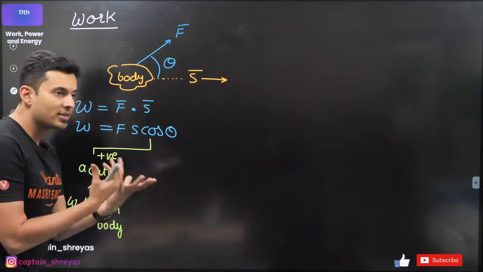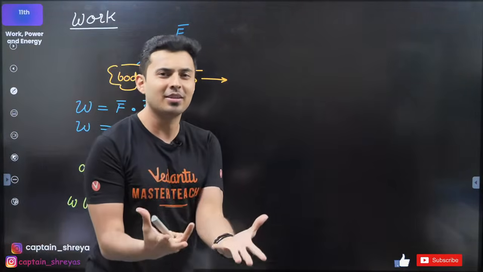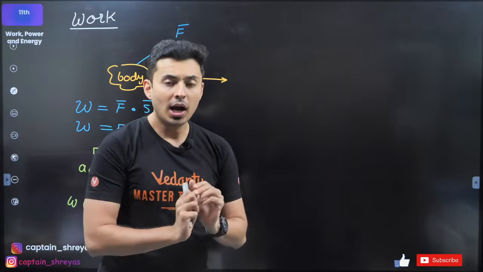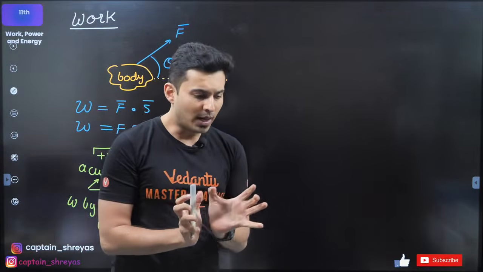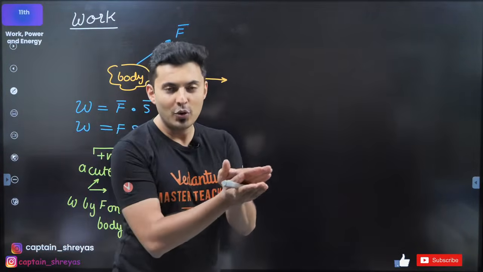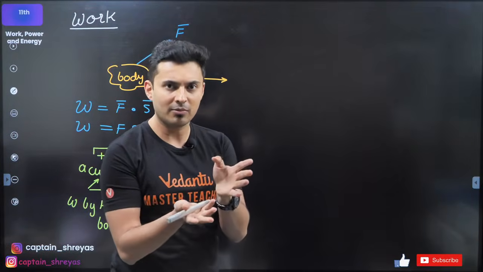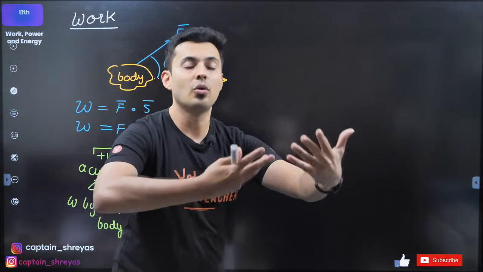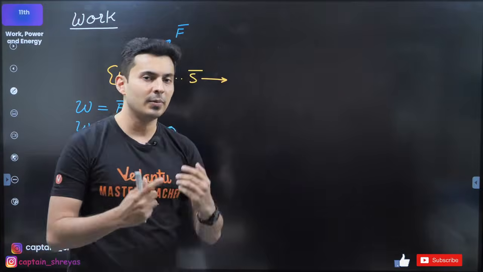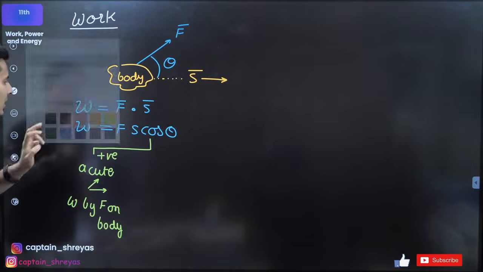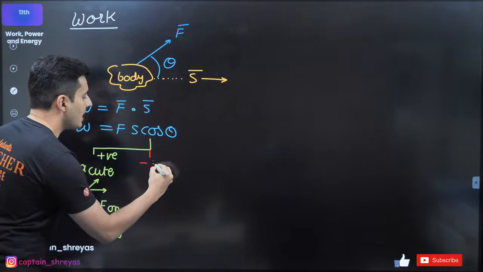That's the meaning of positive work. That means you are doing some good thing. If I push you and you move, then my force and displacement make an acute angle. In fact, it might even be 0. Then I am doing a good thing. That's positive work.